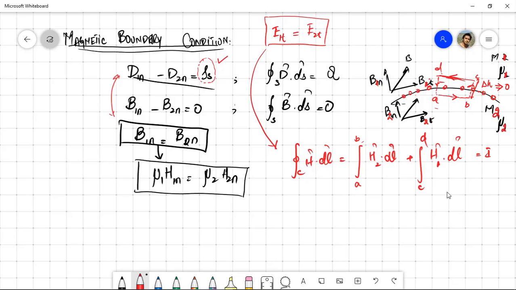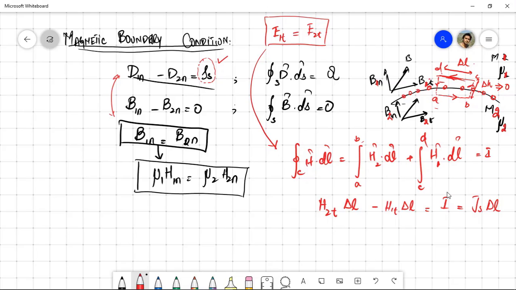So we can say that h2t delta l, if delta l is the length of this side, minus h1t delta l should be equal to I. And we want to cancel this delta l out, so we'll write I as Js delta l.